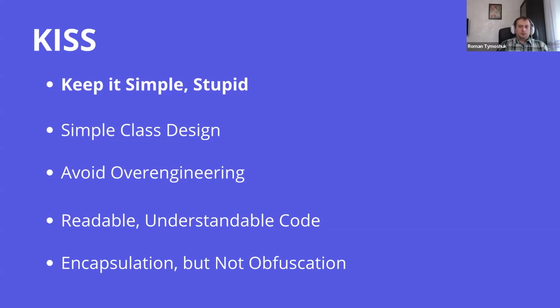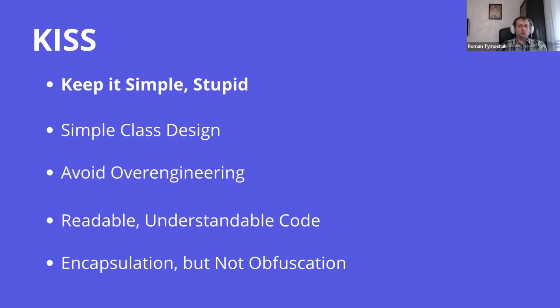And try to use encapsulation, but not obfuscation. Encapsulation, as you remember, is one of the object-oriented principles: to encapsulate the logic, make it hidden from the outer world. And obfuscation means to organize your code in a non-readable manner.